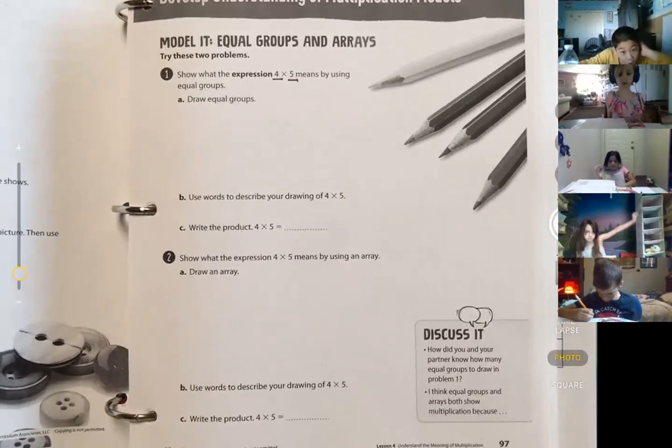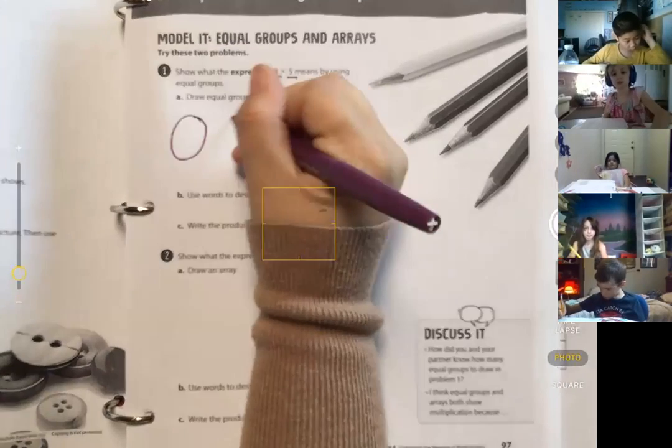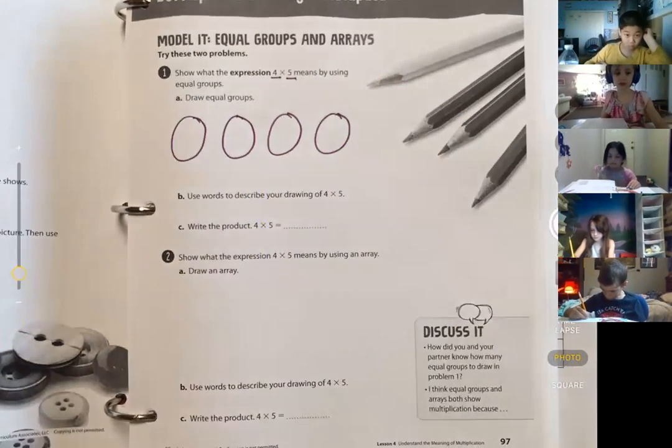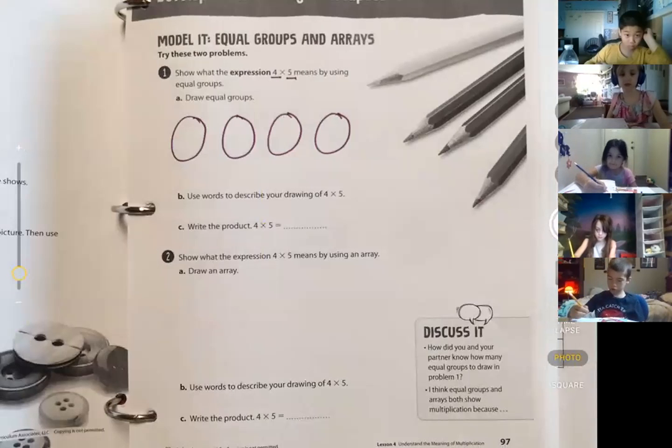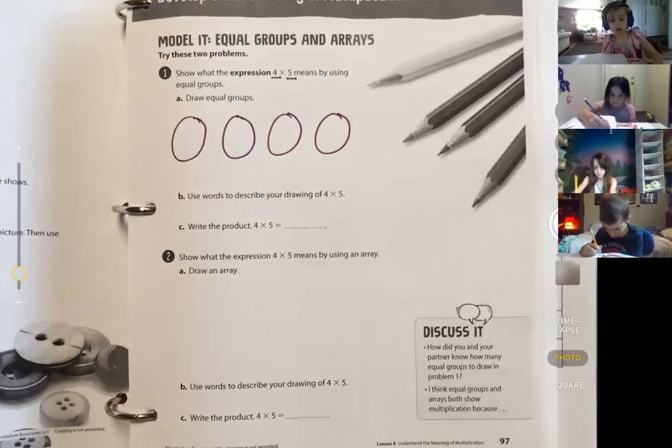So you can choose how you want to draw it, but you need to draw 4 groups. So I'm going to draw 4 circles. Okay, you could draw squares, you could draw hearts, you could draw rectangles. Somehow make 4 groups.